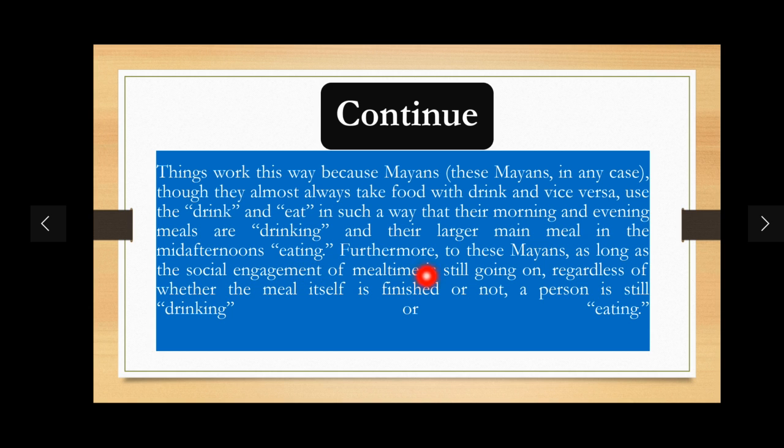Now, furthermore, to these Mayan, as long as the social engagement of mealtime is still going on, regardless of whether the meal itself is finished or not, a person is still drinking or eating.